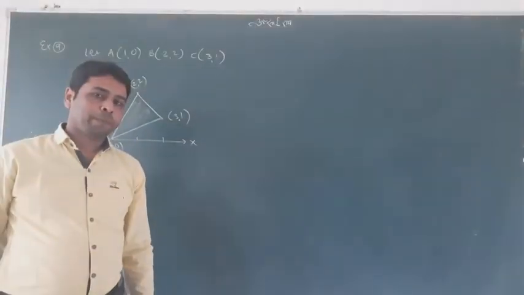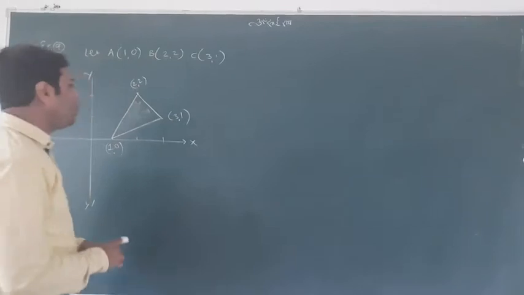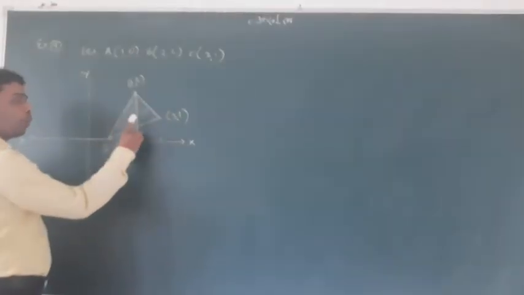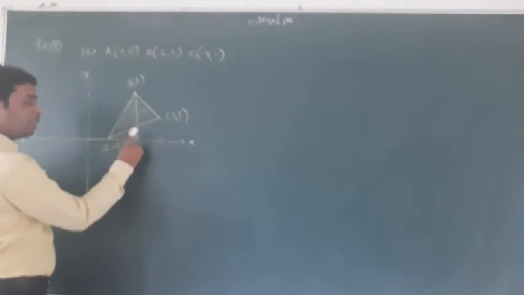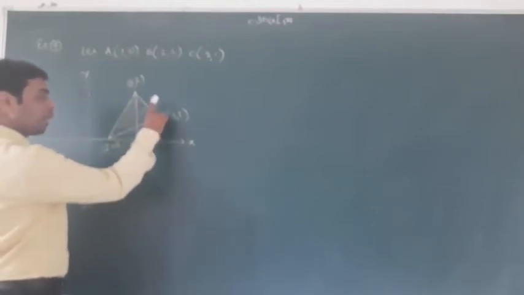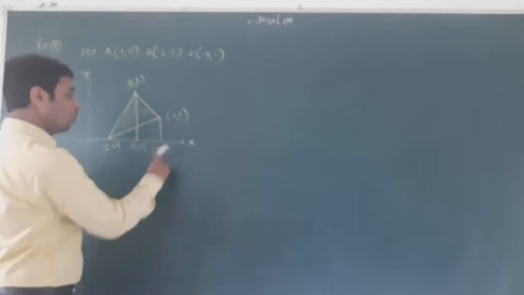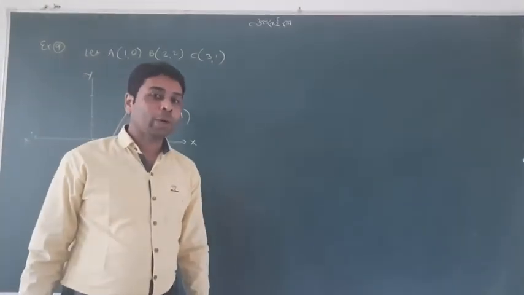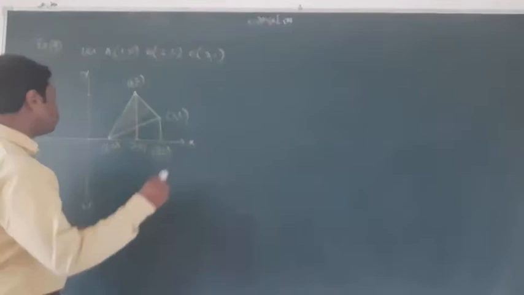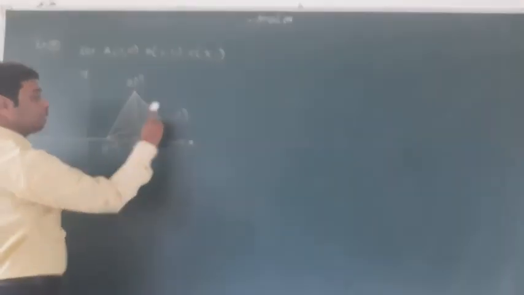So what will we do? Let me explain. We first draw the perpendicular from this point to here, which is none other than (2, 0), and when I draw this one here it is (3, 0). Can you see the tip of the chalk? First I will find the area of this portion covered by this line, then this portion covered by this line, and then lastly this portion covered by this line.